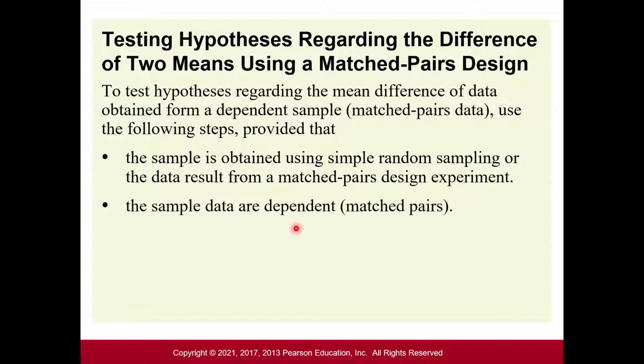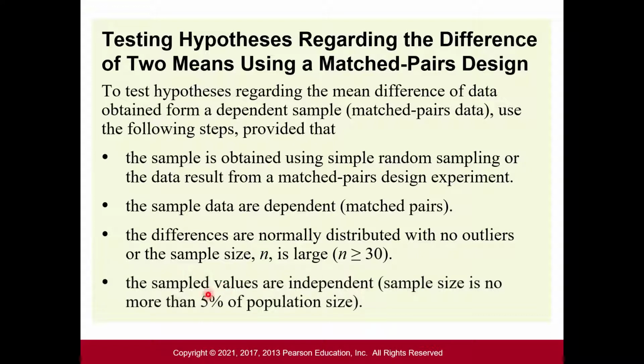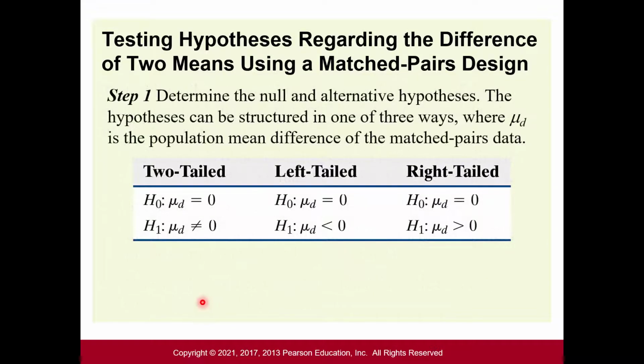The sample data are dependent. The differences are normally distributed with no outliers, or the sample size is large, so we'll say 30 or more. And the sampled values are independent, and you can check that if the sample size is no more than 5% of the population.